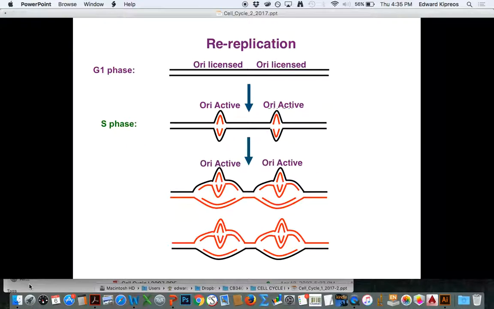What's happening is now they have the license, so they can just keep making a new one, and then when that one gets bigger, they make a new one on that one, and then that one gets bigger, they make a new one on that one. You end up with a honeycomb pattern of DNA replication.